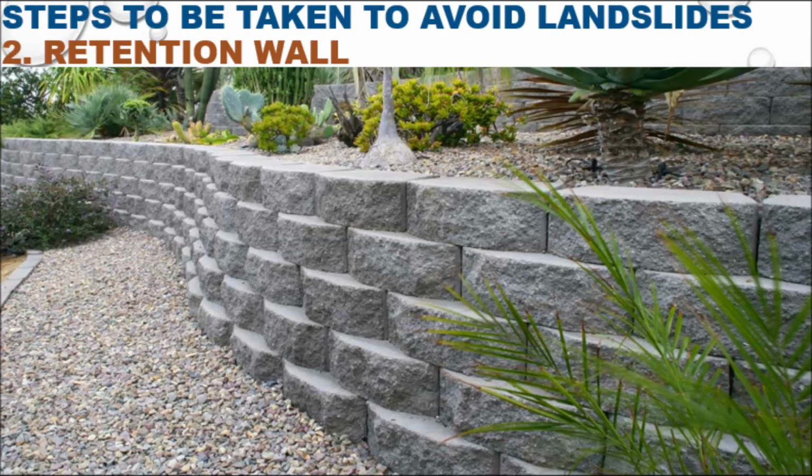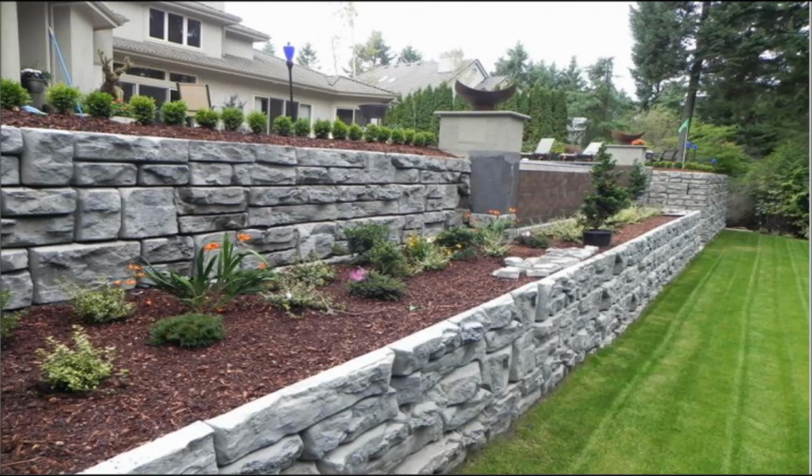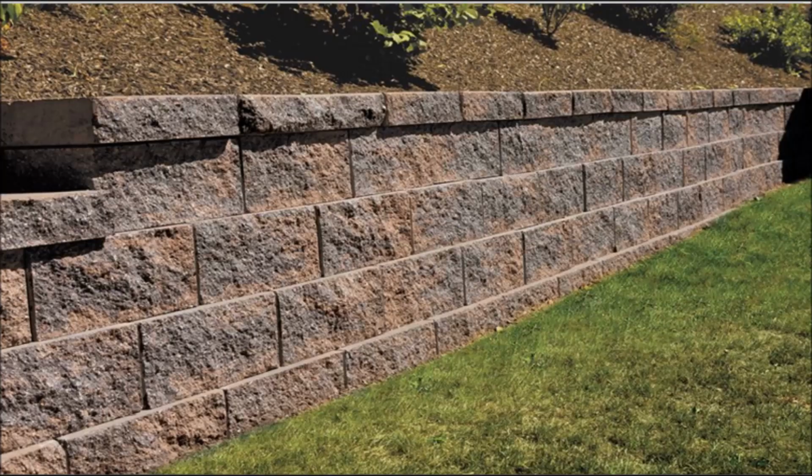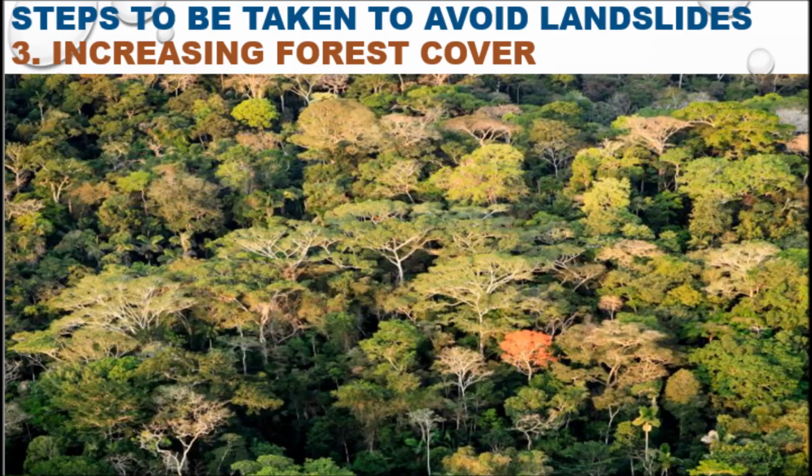Number 2, construction of a retaining wall to stop land from slipping. A retaining wall is a structure that holds or stops soil behind it. Examples of a retaining wall include wall stones, natural stones, bricks, and concrete blocks.